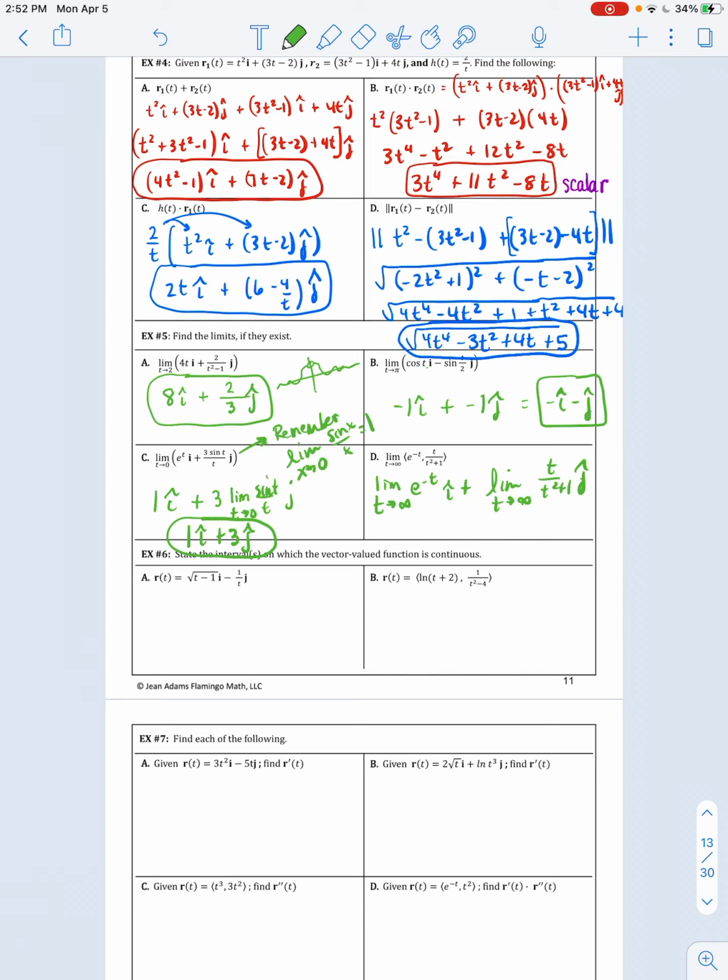And so if I put infinity here, I get 1 over e to the infinity, which goes to 0. And then plus, here, if I just look at my t over t squared, that's 1 over t. And if I put infinity into 1 over t, that one also approaches 0. So 0 plus 0, 0.